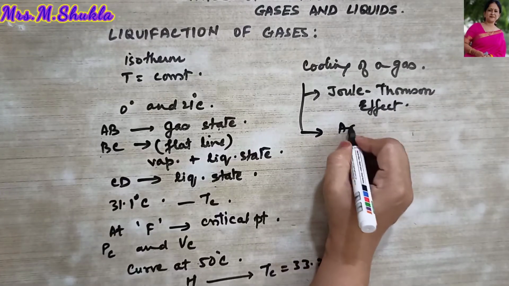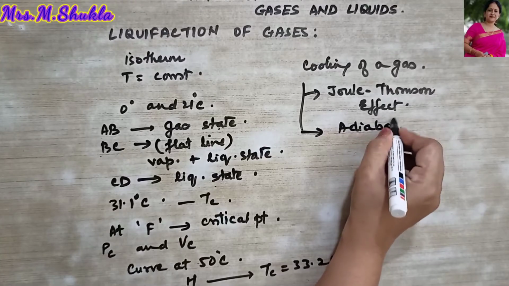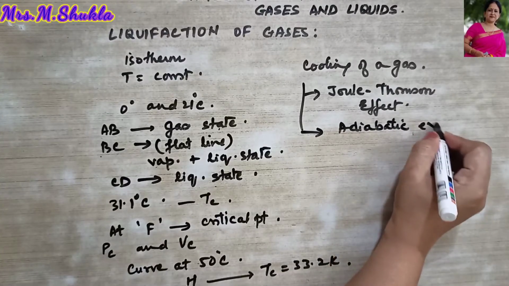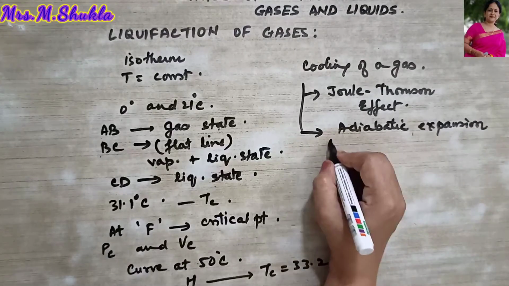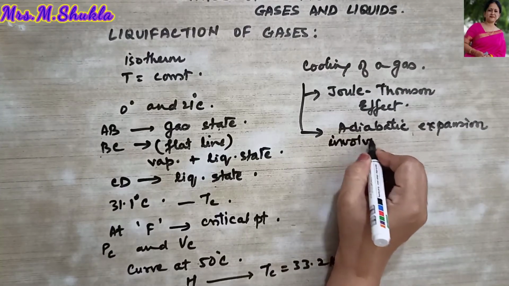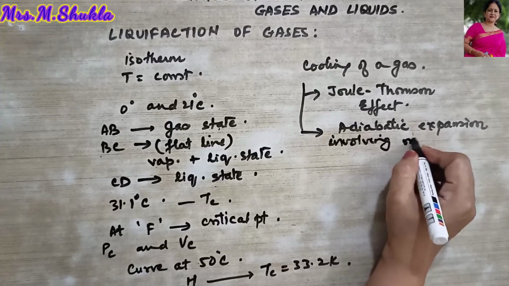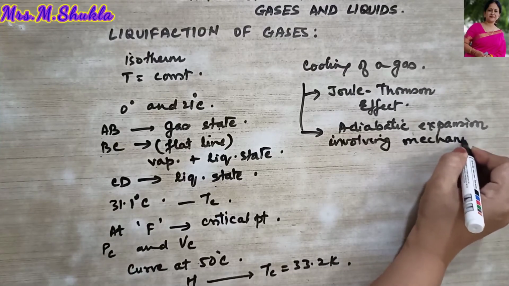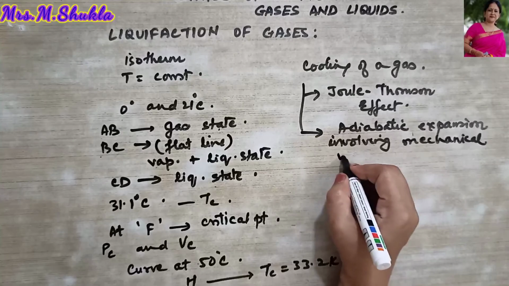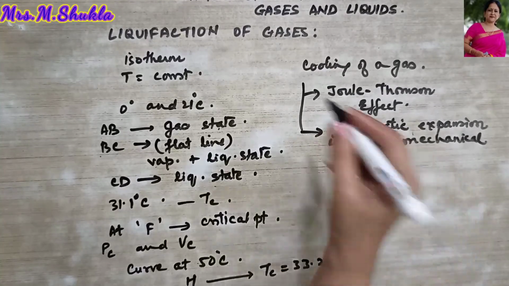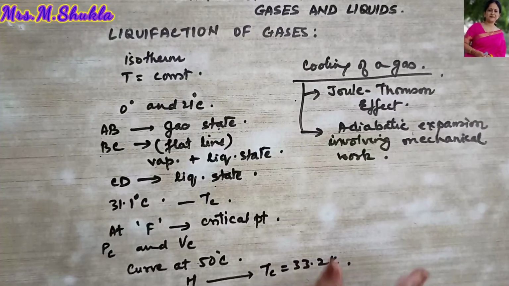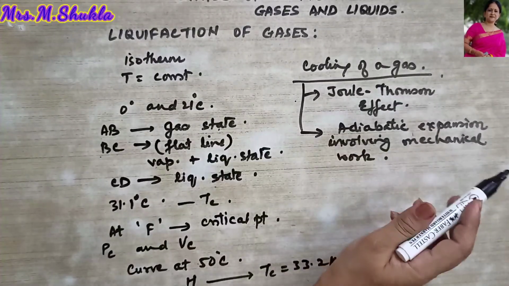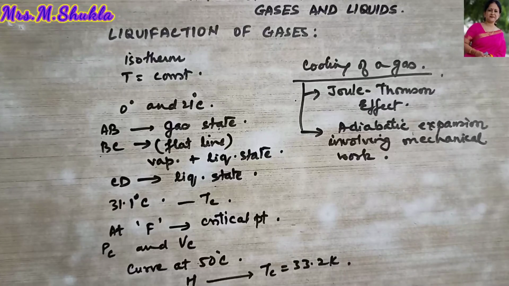And the second one is your adiabatic expansion involving mechanical work. So the cooling of the gas further can be done on these two principles. What are they? Joule-Thomson effect and adiabatic expansion involving mechanical work.